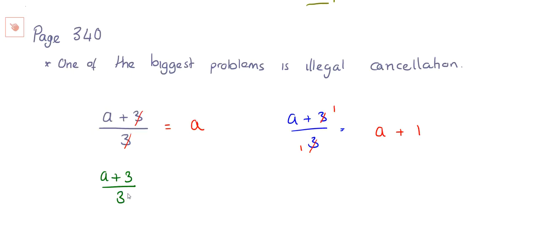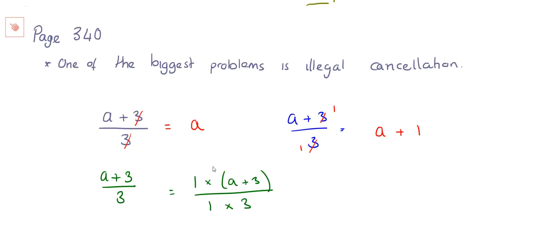A plus 3, a and 3 are not factors. Factors are when you multiply. So the only thing I could do is say, well, that's 1 times a plus 3 over 1 times 3. My common factor is 1.